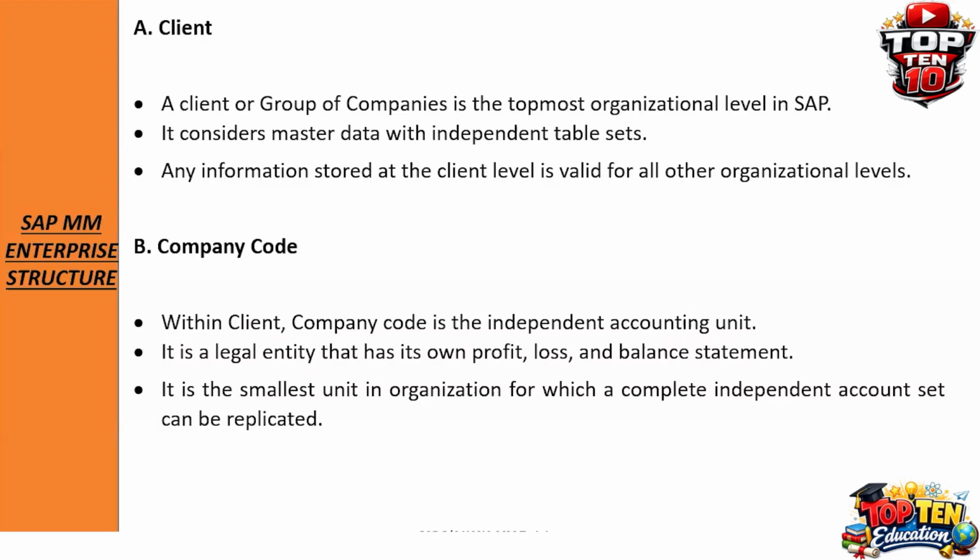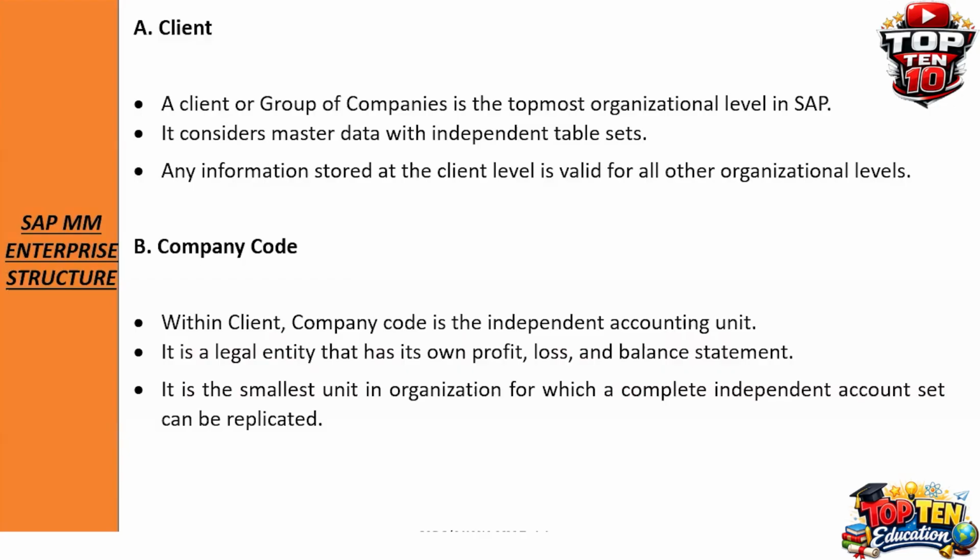In SAP ERP, we keep the record of everything we do in real time. To keep the record, we need a certain kind of database, and a database is nothing but a group of tables. So here, whatever tables we create in the database, those tables are independent at the level of client.